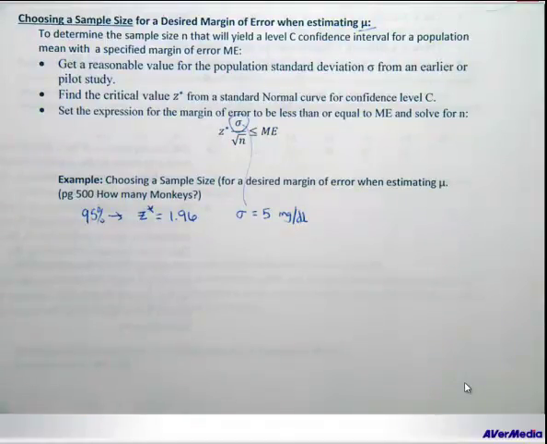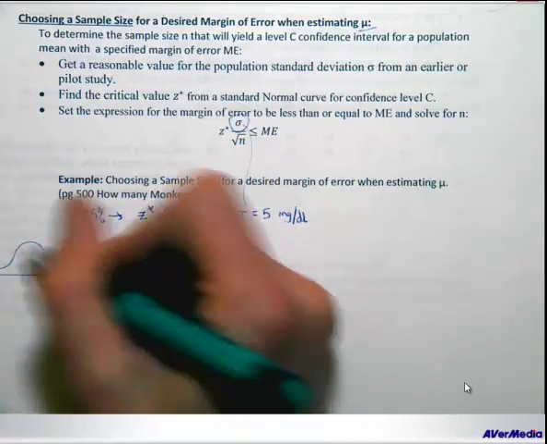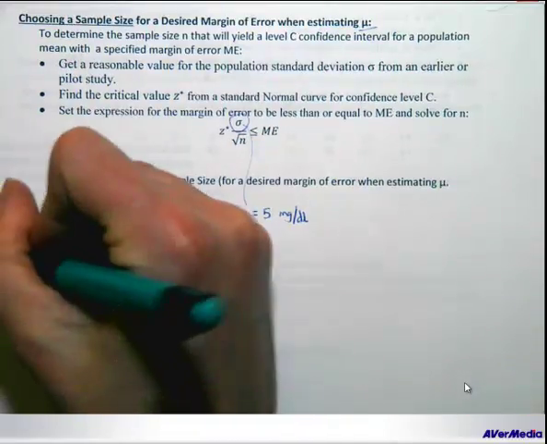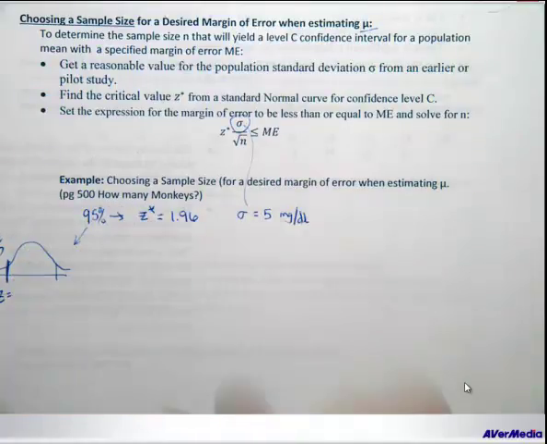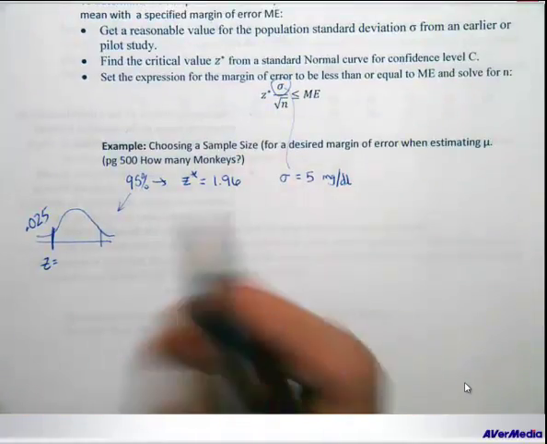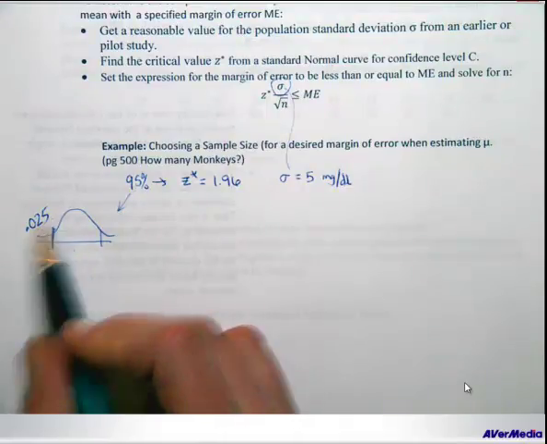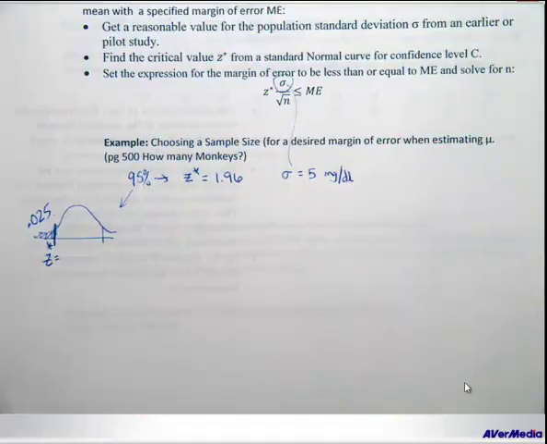You can use table A. Yep, so in table A, just remember that with the 95%, you're looking for 5% total in the two tails, so you're looking for 0.025. So in your table, you have to be careful that your Z star is actually what would give you 0.025 as the probability below it in the table. Okay.